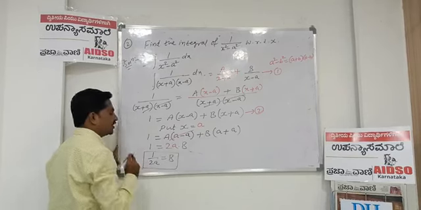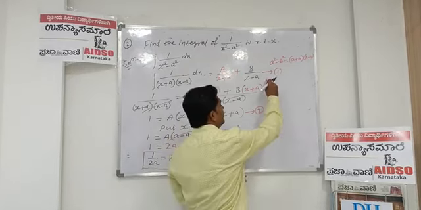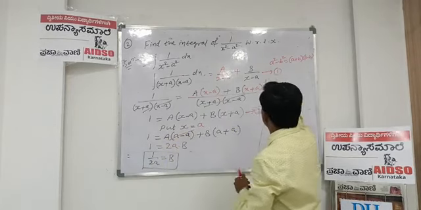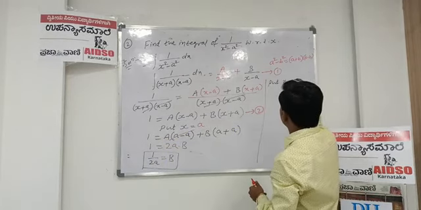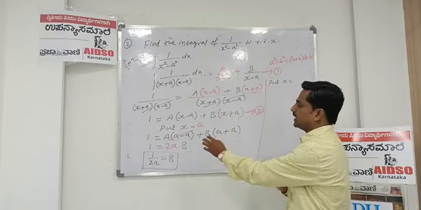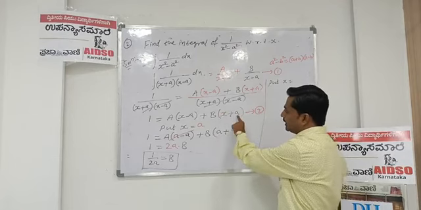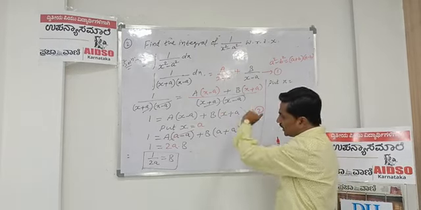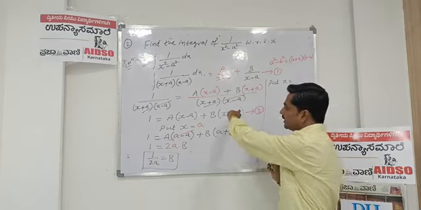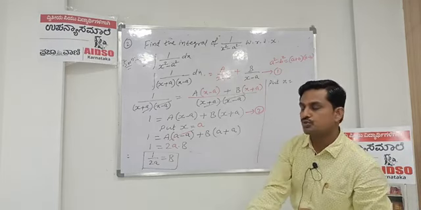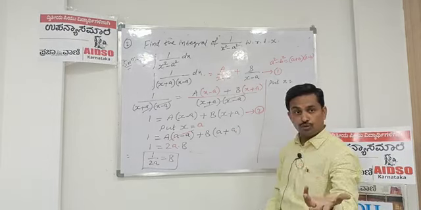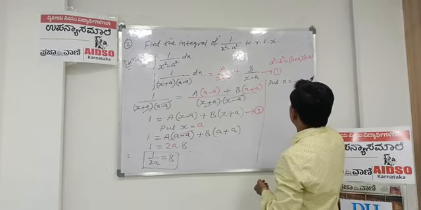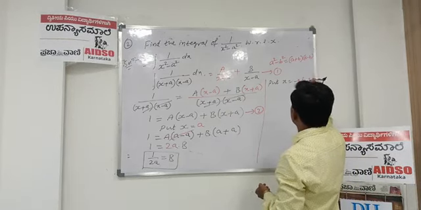This is the value of B. Similarly, next we need to cancel the other part. Already we are dealing with plus a here, and to cancel x plus a, the substitution for x will be minus a. So put x equals minus a in equation 2.